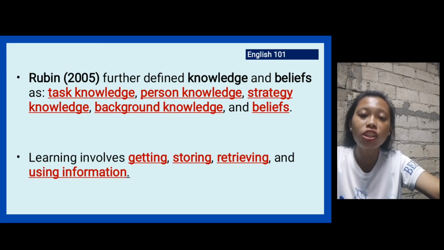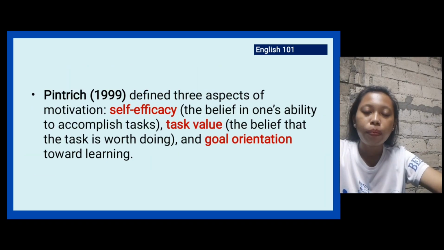Using memory strategies can make this easier. And also, motivation is a key part of learning. When students are motivated, they try harder, practice more, and learn better.